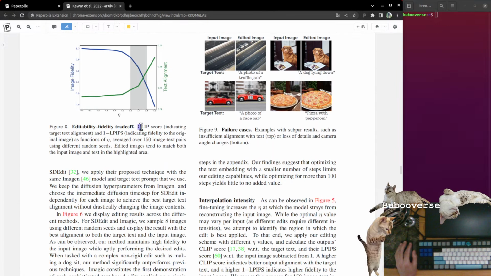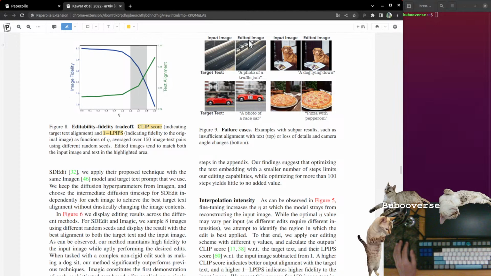CLIP score, and 1 minus LPIPS, indicating fidelity to the original image as a function of n. So text alignment, or CLIP score, the higher the score is, the more it's aligned with the text.